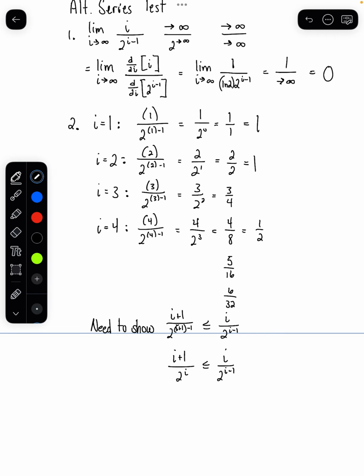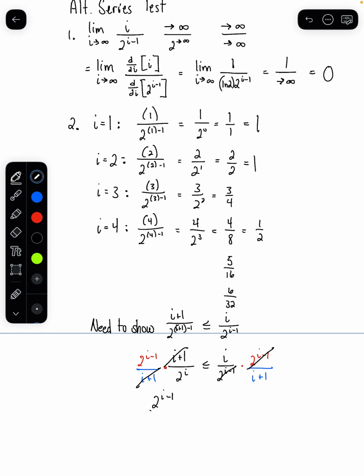If we multiply both sides by 2 to the I minus 1, but if we also divide both sides by I plus 1, this will put the two exponentials on the same side, and it will put the two polynomial expressions on the same side.